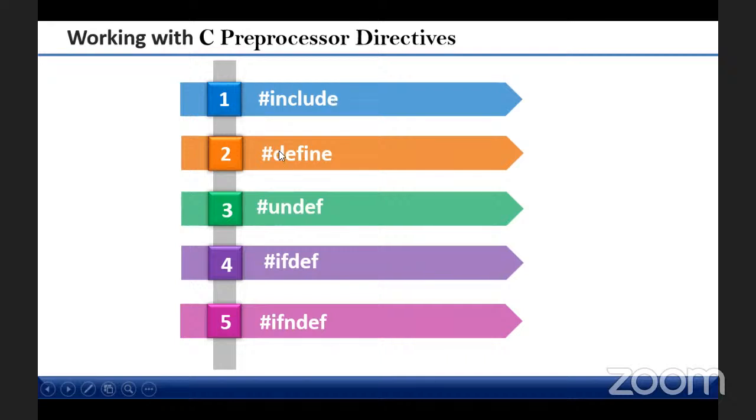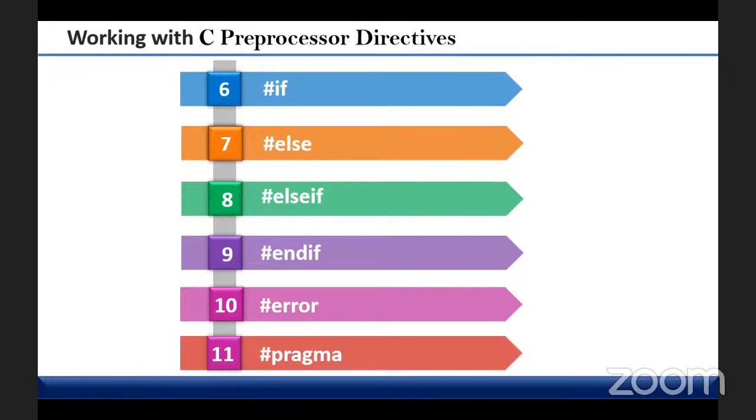Hash include, hash define. I will define my variables throughout the program. How can you define them by your own? We'll see that one by one. Once you define, you can undefine using undef, and also ifdef, ifndef. We have a lot of preprocessor directives, like hash if, else if, endif, error, pragma.